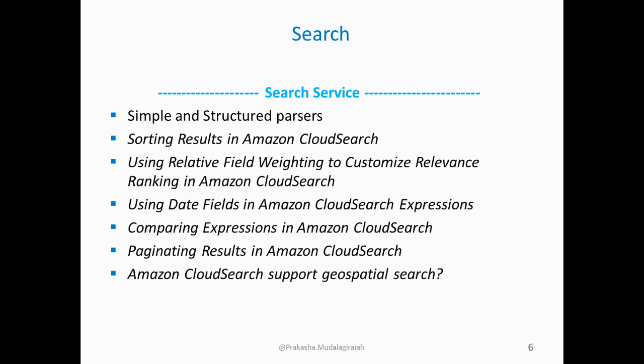It's also important to understand that we can control the search results. We can control the sorting, and change the relevance for specific fields. We can customize the relevance. We can change the expressions, and make decisions based on the expressions.